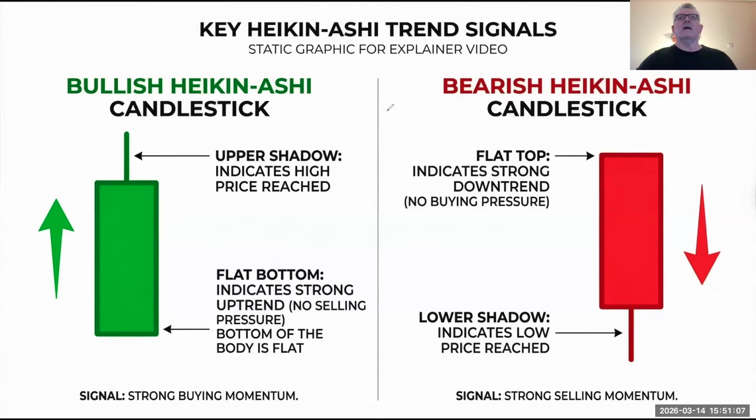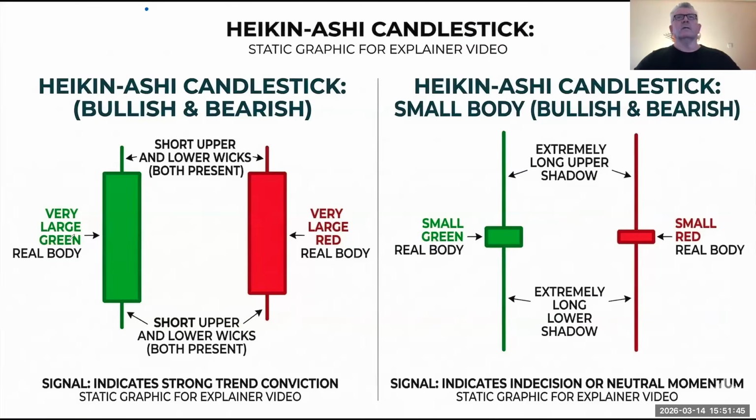This is known as a T1 or a type 1 candle. These are the other candle shapes that we're looking for as traders. This would be a type 2 candle, and this would be a type 3 candle.